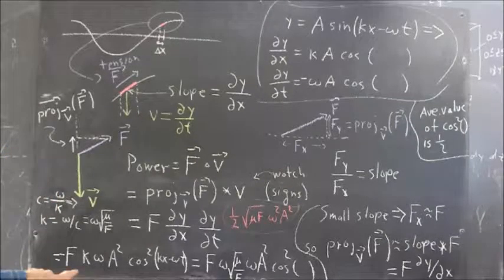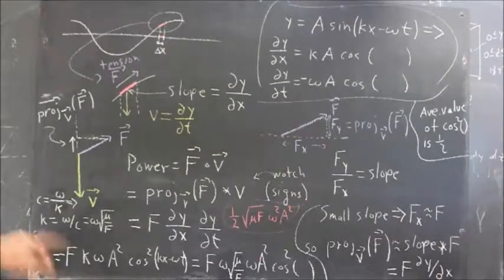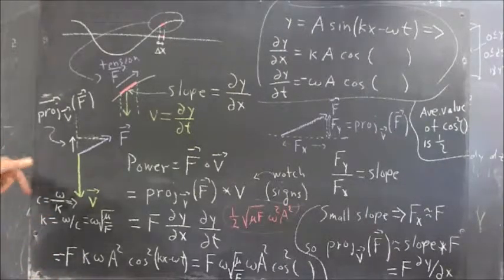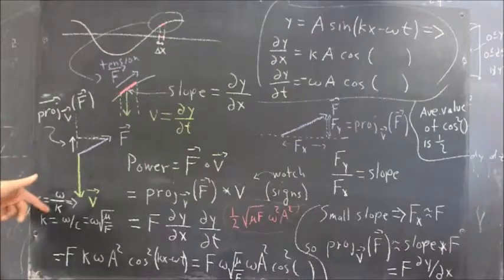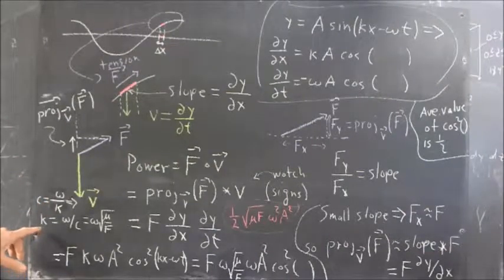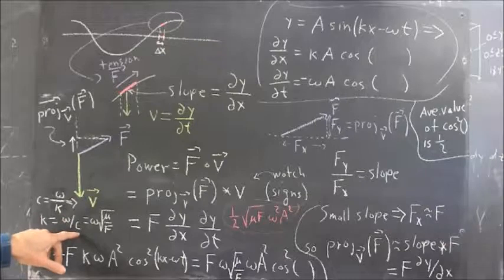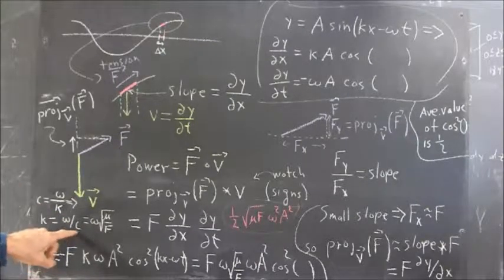First of all, we got the k here, and we're going to express this k in terms of omega and c, c being the speed of the wave. Okay, so c is omega over k. You can review that. Think about what omega means, what k means. We get k equals omega over c, c being the square root of F over mu.